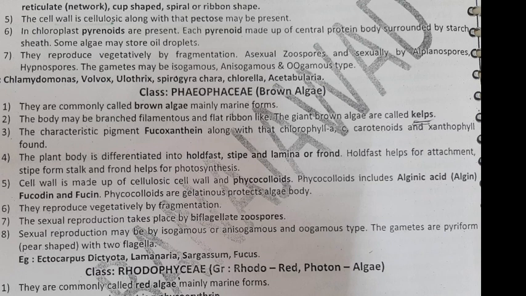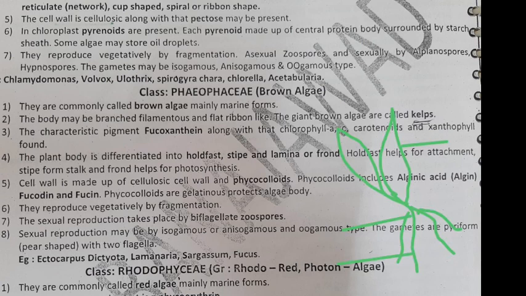But Phaeophyceae is a higher class of algae, it is more advanced than the Chlorophyceae. In Chlorophyceae, only a filamentous plant body is present. Here that filamentous plant body is differentiated into three different structures.